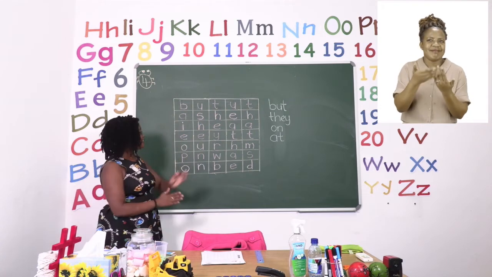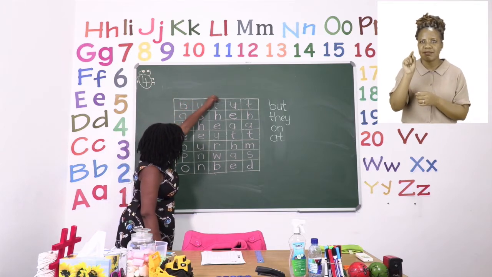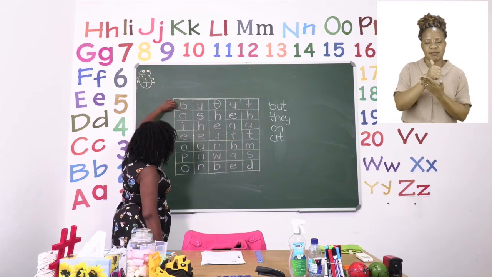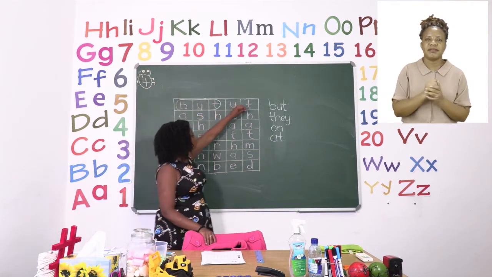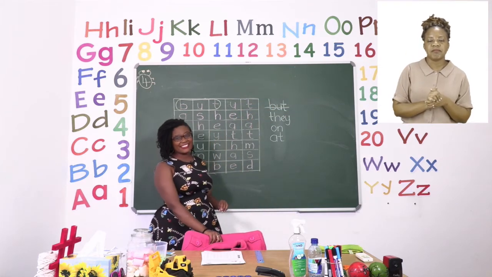Well done, everyone. So let us circle our word but. Make sure you circle beautifully. And now let us cross out the word but so that we don't look for it again.